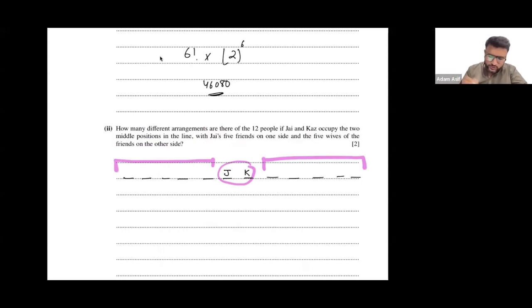So first we have 2 options for Jay and Kes, they can arrange in 2 factorial ways. Now let's say one possibility is Jay is over here and Kes is over here. So let's say they are fixed now. The 5 friends can arrange in 5 factorial ways, and the 5 wives can arrange in 5 factorial ways.